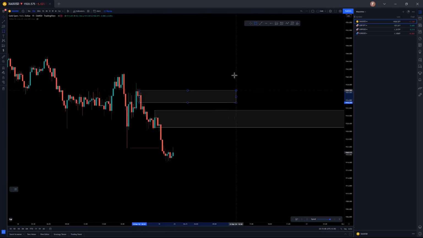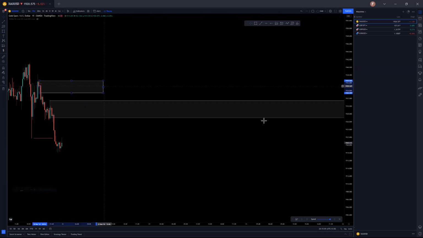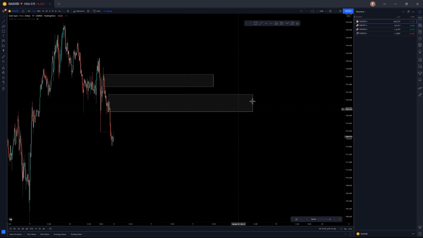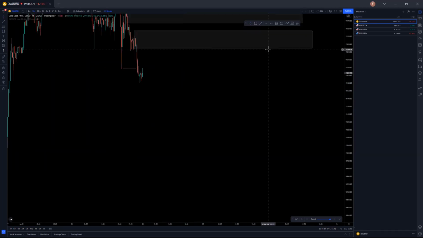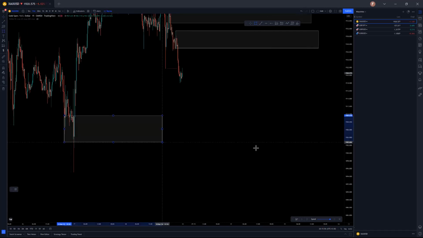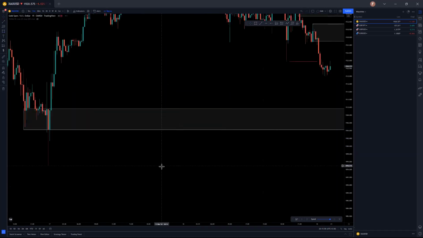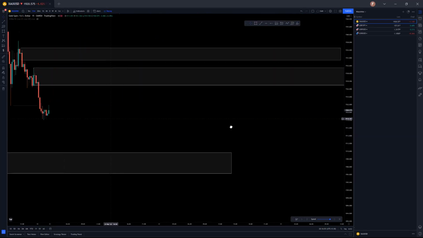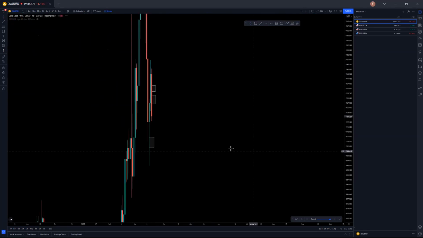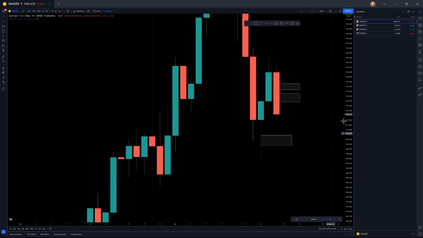Let's draw both. So we are expecting the daily candle to pull back into these two areas to continue to the downside, maybe to here. Why I marked this was a kind of imbalance and not a block. So let's go to the daily. Yeah, makes sense.